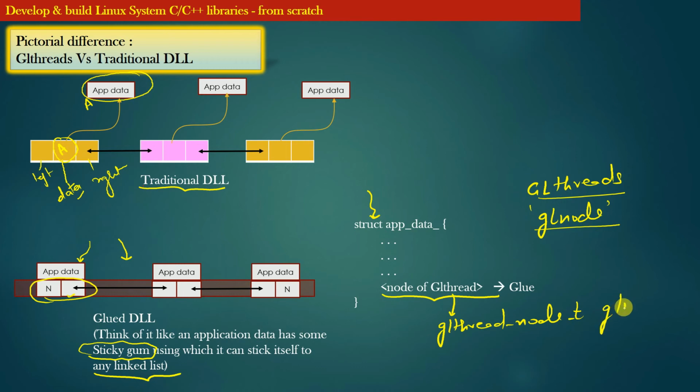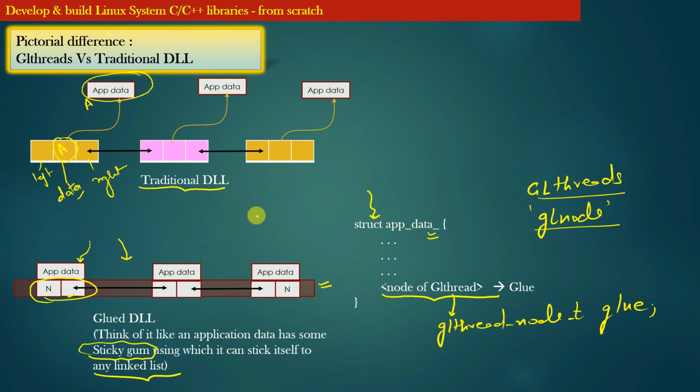And let us call this member glue, because using this GLThread node, this application data is going to stick itself to a GLThread. Now we will see in the remaining portion of this course how GLThreads work, how application data is glued to a GLThread, how you iterate over a GLThread, and how you access the application data while iterating over a GLThread.